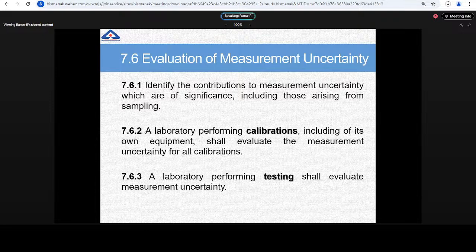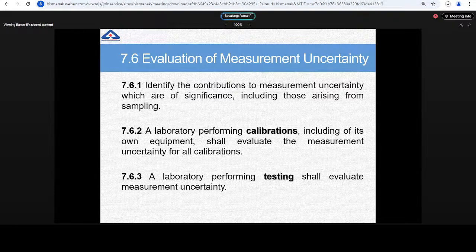So as per our theoretical knowledge of the testing and practical experience of the testing, we can identify various contributing factors for the uncertainty. When identifying them, whatever is significant we cannot omit or neglect, but whatever is insignificant, we can omit such components. But significant components we may not miss, we have to include when we are calculating the measurement uncertainty.